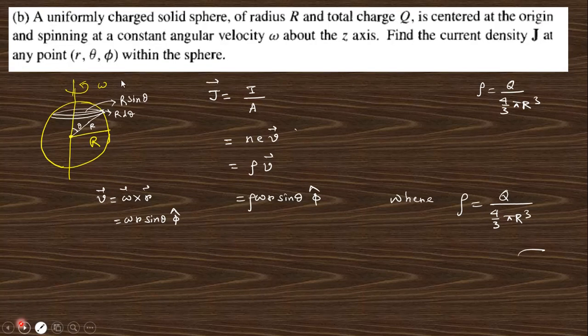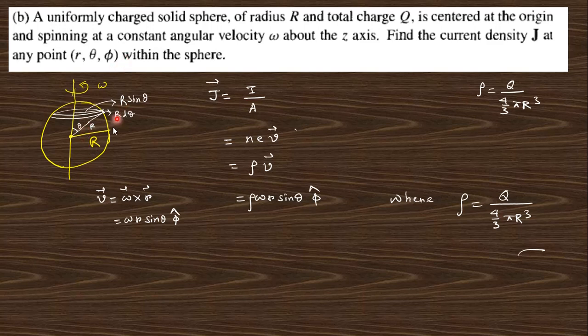Next one, a uniformly charged solid sphere of radius R, total charge Q, centered at the origin and spinning with angular velocity omega about the z axis. Find the current density J at any point r, theta, phi within the sphere.